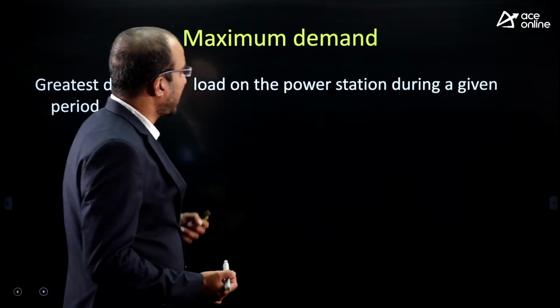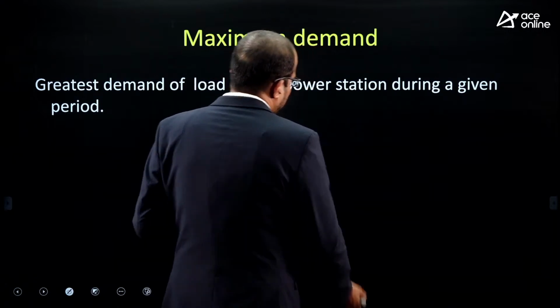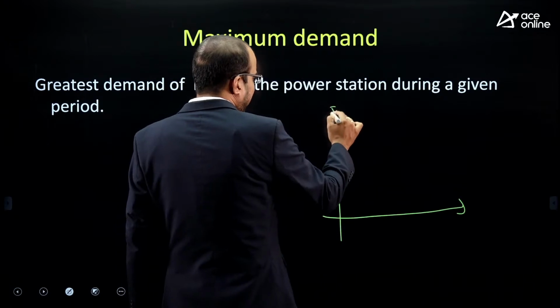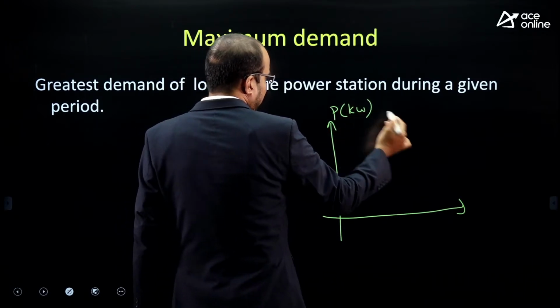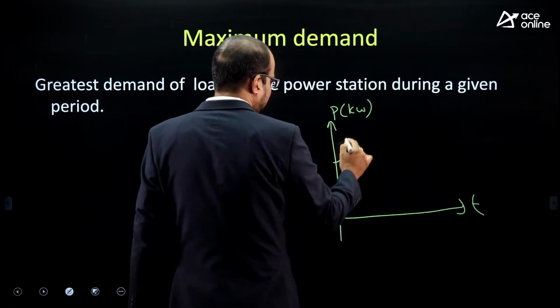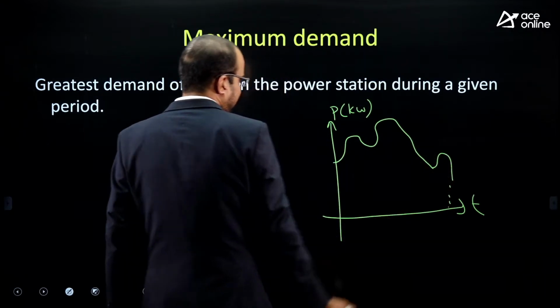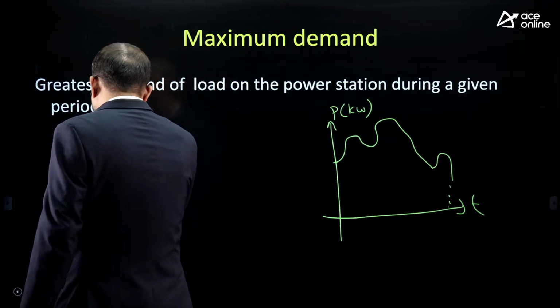Now let us see what do you mean by maximum demand. If you observe the variation of power drawn by the load with respect to time, load is not constant, it is a continuously variable parameter.